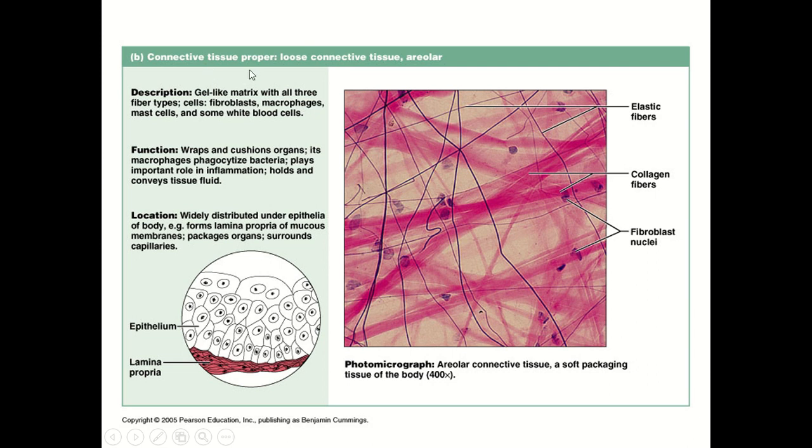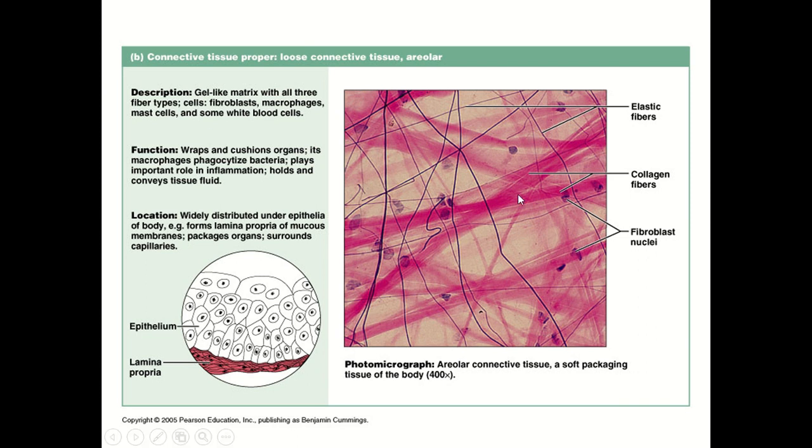Under connective tissue proper, we are going to look at areolar tissue, which is under the group of loose connective tissue. Areolar is a gel-like matrix with all three fiber types, and it also contains cells: fibroblasts, macrophages, mast cells, and some white blood cells.